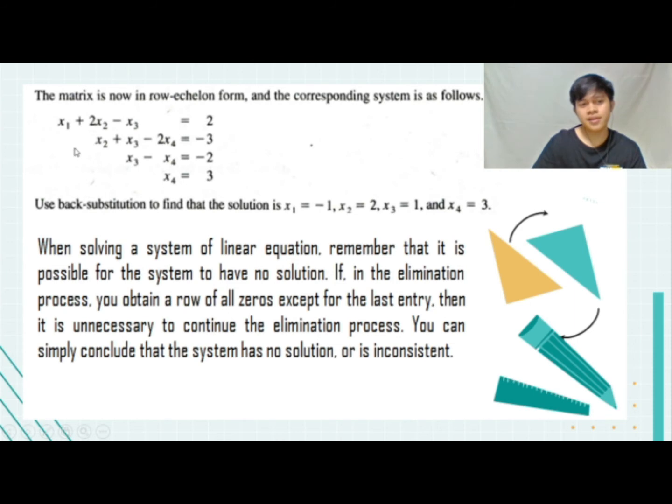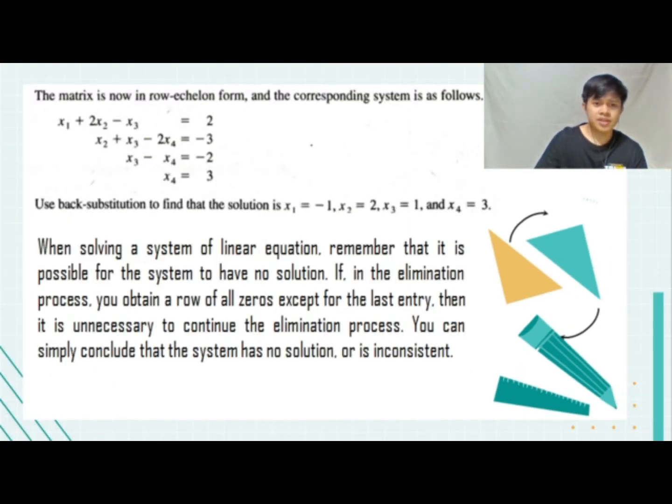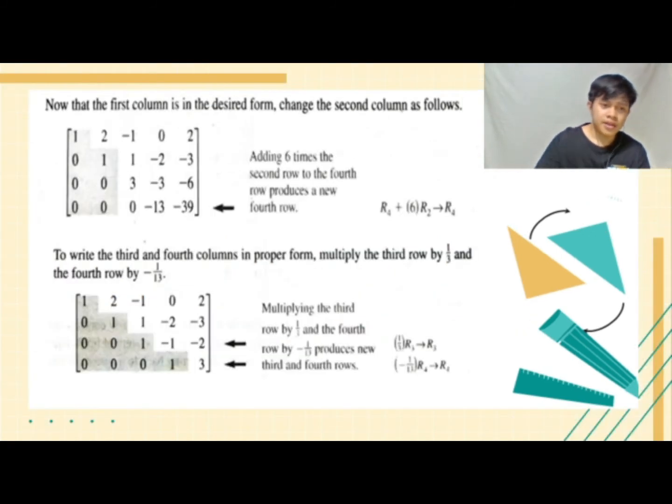So, x of 1 is missing. So, kung matatandaan nyo po, this equation is back substitution. So, mag-back po tayo. Kaya po, since 0 ito, 0, 0, 0, hindi po siya makakasama dito sa system of linear equation.